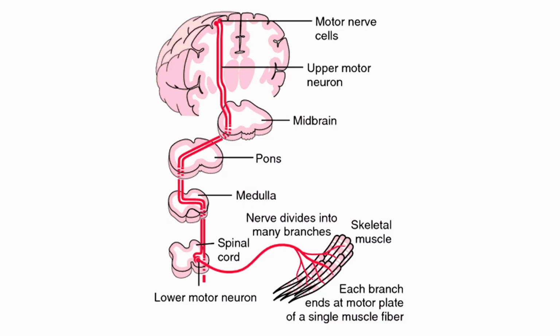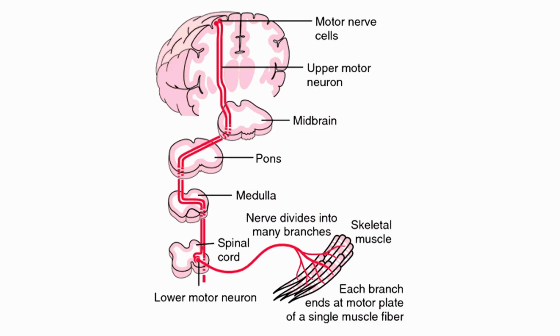If we're talking about our legs, it's one part of the brain that sends one nerve all the way down until it gets to a certain level at the spinal cord, and then it branches off. So you have one long nerve that goes from your brain all the way down your spinal cord, almost to L3, L4, where it kind of stops. One long motor nerve.